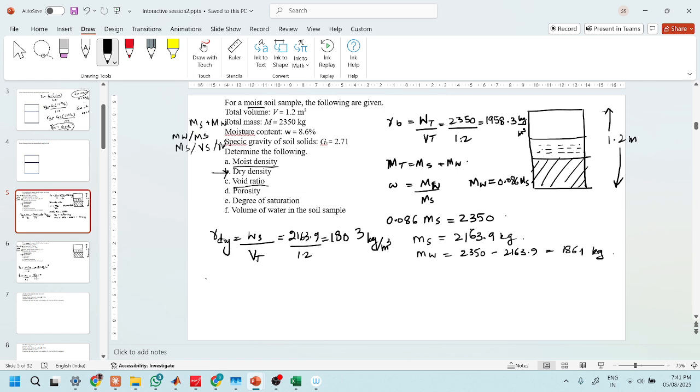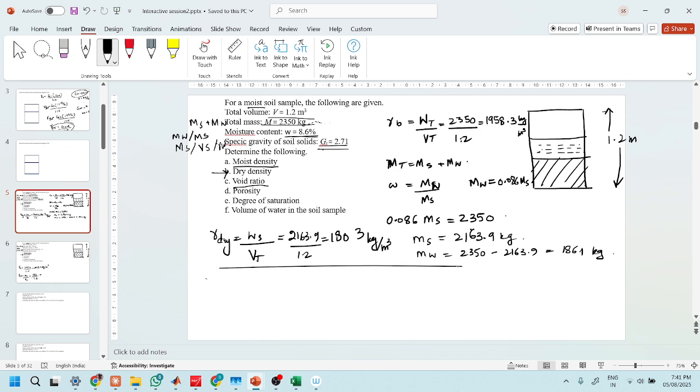From this information, we will not be able to exactly determine the void ratio until the specific gravity is given.